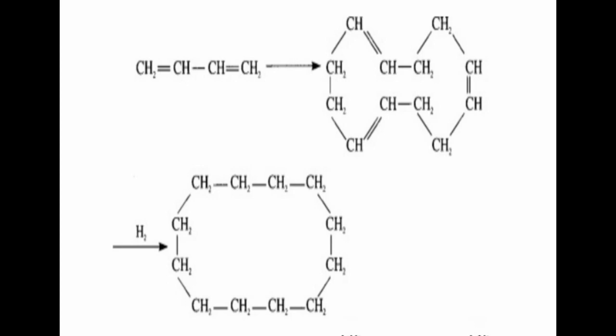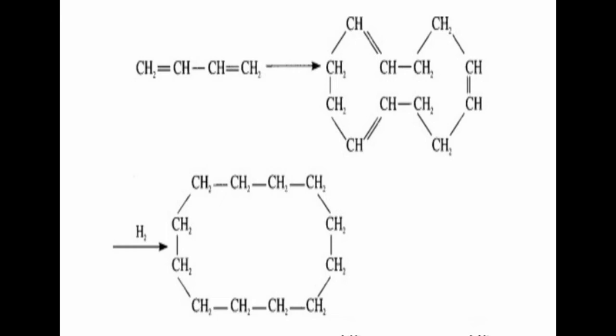Let us see how the formation takes place. 1,3-butadiene, CH2 double bond CH, CH double bond CH2. Now some of these 1,3-butadiene molecules attach with each other to form firstly the 1,5,9 trimer. That means 3 molecules of 1,3-butadiene are joined.